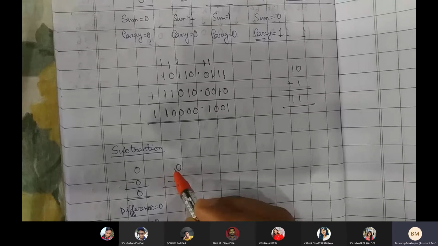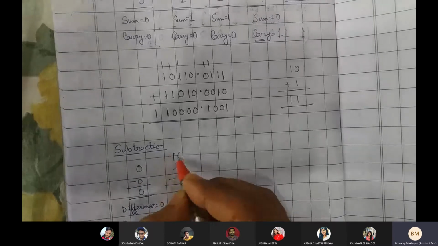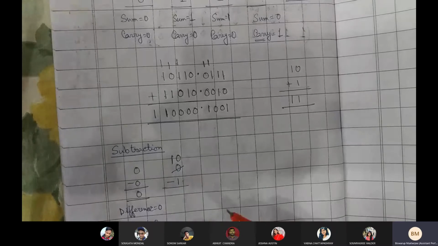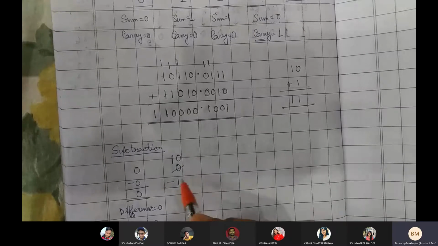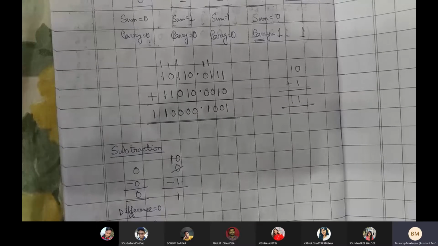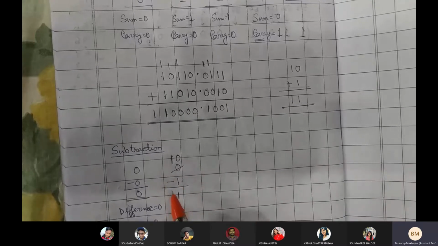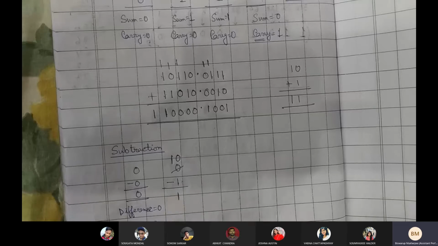So instead of 0, we take it as 10. We have taken one borrow. Then 10 minus 1 is 1 difference, and this is the borrow we have already taken. So difference is 1 and borrow is also 1.